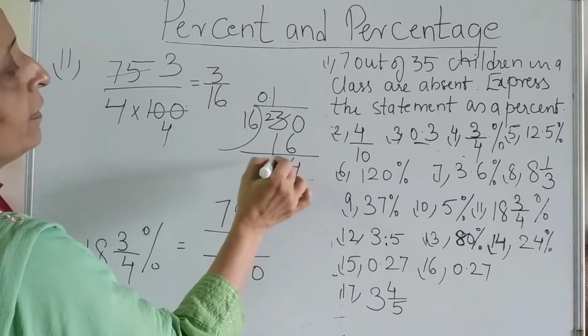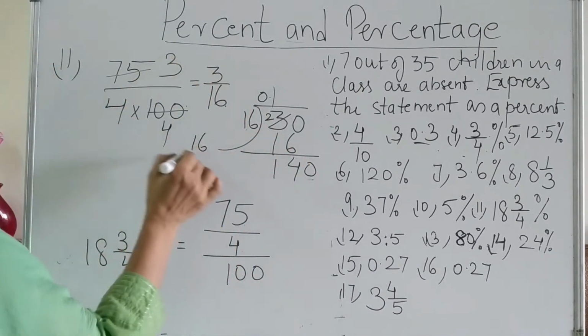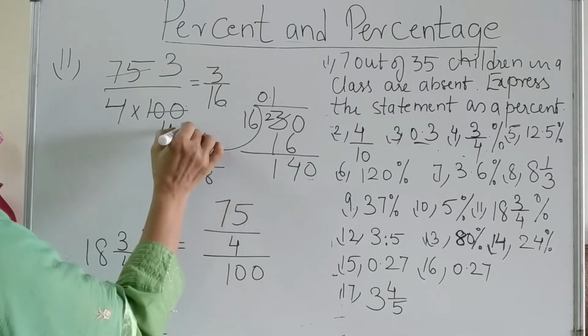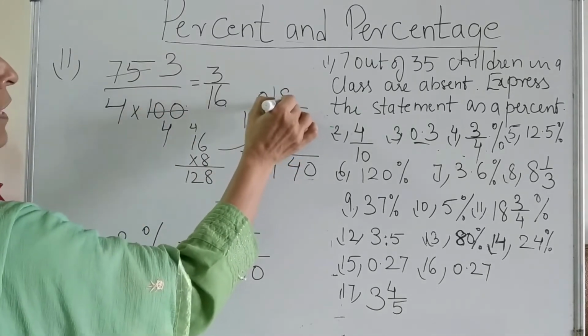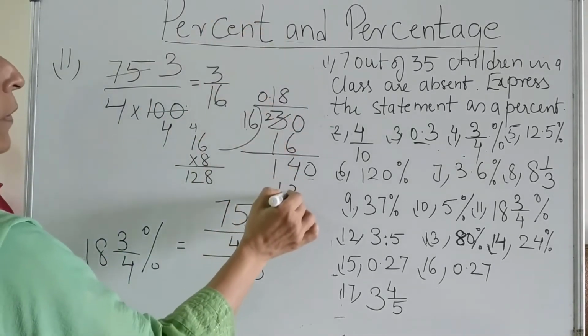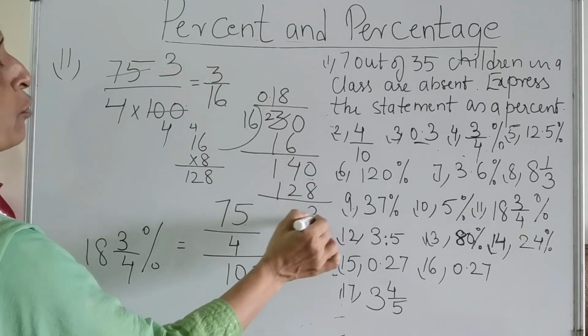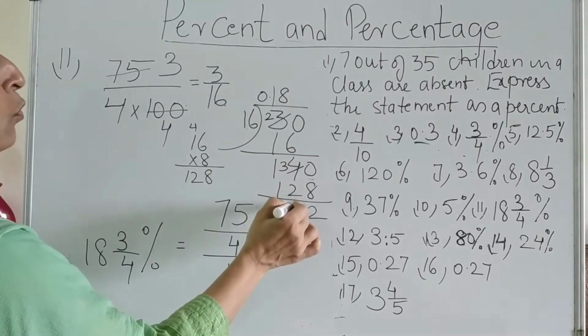Now again you have to add one 0. Now let us see here. 16, 8s are 128. Now here you write 8. Now 10 minus 8 is 2. Now here 3 minus 2, 1.